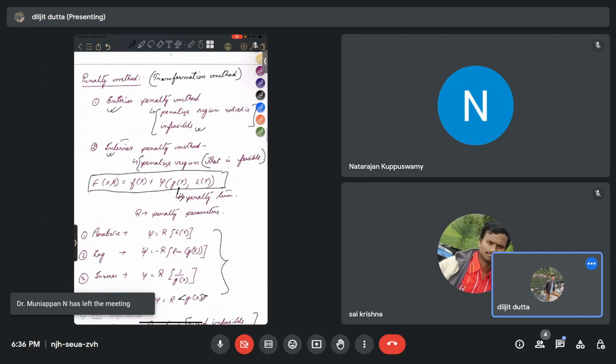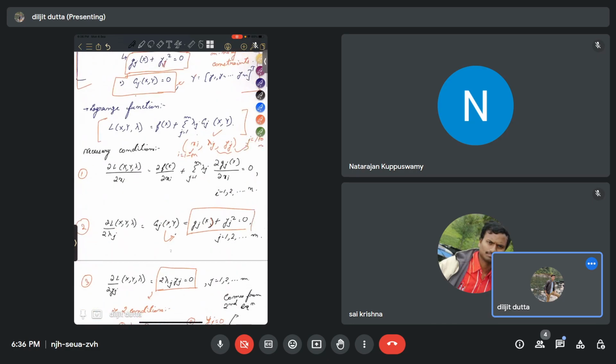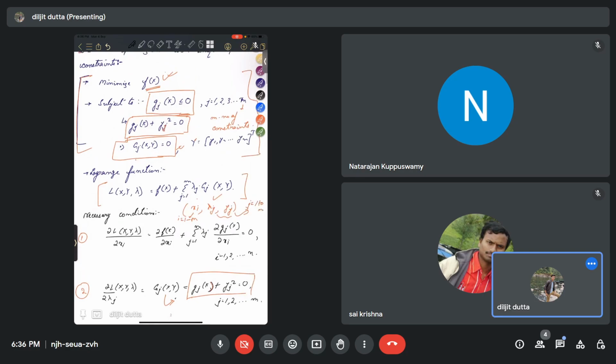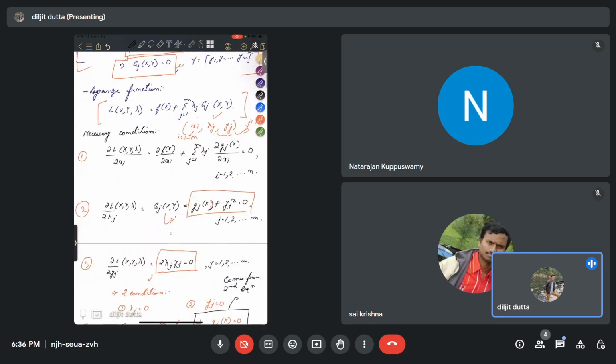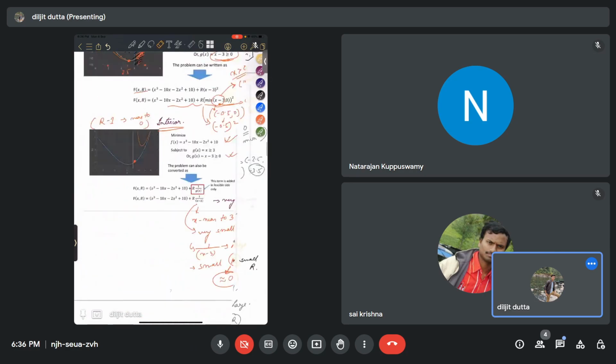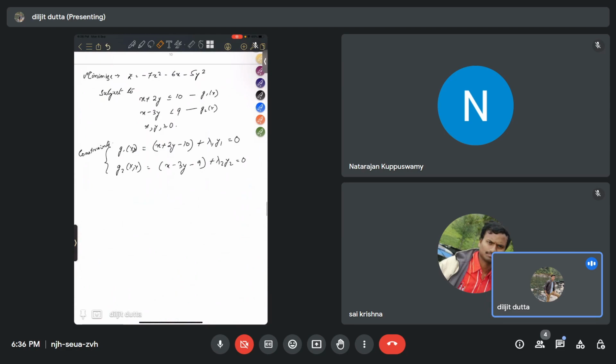Okay, sorry, we have to add lambda in the second step, so we are not adding lambda here. It is y1 squared and y2 squared. So we'll now write the Lagrangian form.